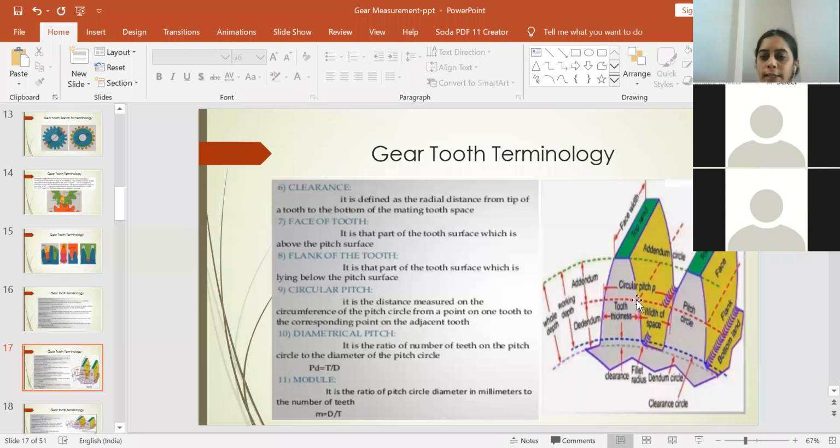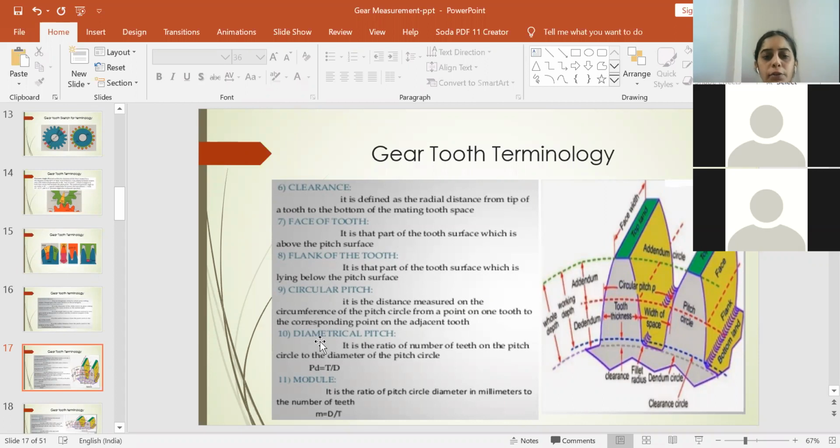It is not to the other part of that particular tooth. It is until the adjacent tooth. So you have to measure from this point to this point. This is the part of the tooth touching the pitch circle. From this point to the corresponding point on the adjacent tooth, this entire distance will be called our circular pitch.